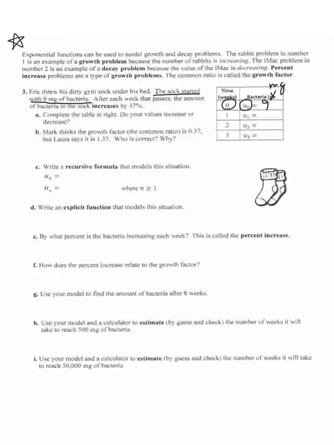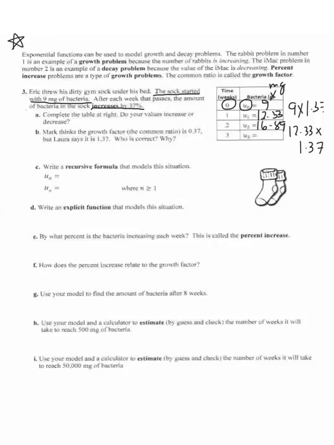Now it says it increases by 37%. So what we're going to do is multiply 9 times 1.37, and you're going to get 12.33. And then multiply 12.33 times 1.37, and you're going to get 16.89.